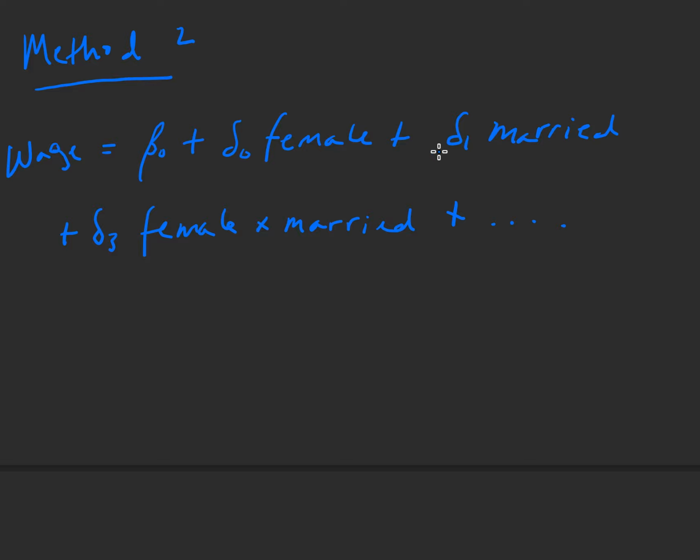So delta 1 represents the difference between male and married and male and single. Delta 3 then gives us the difference for females who are married. So this gives us the same result. We get the same difference in average earnings for the three groups relative to the base group, which is male single.